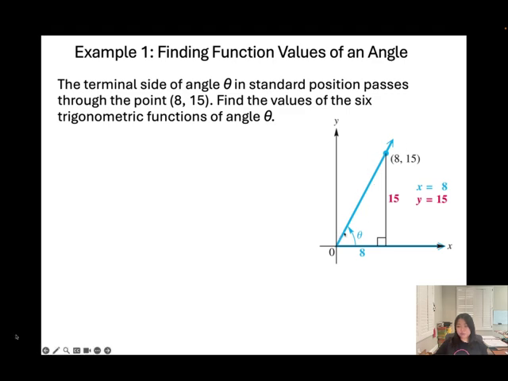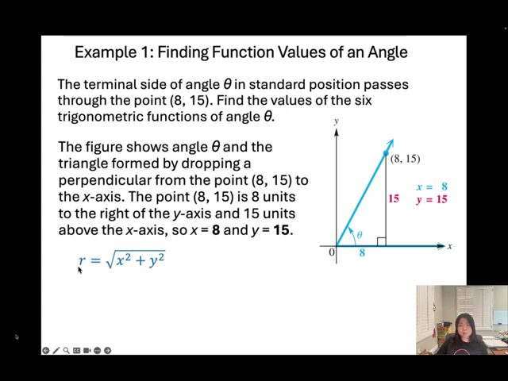Remember the formula: r equals the square root of x squared plus y squared. Plugging in, use your calculator, you should get the square root of 289, so r will be equal to 17. I'm going to write it down here. When you have the point, try to sketch the picture, get the right triangle, and figure out x, y, and r.